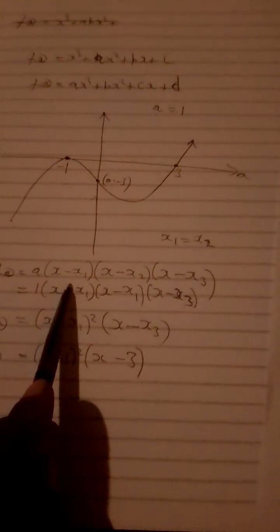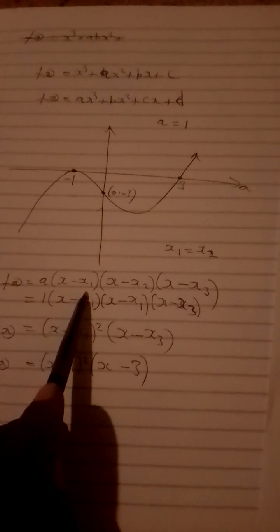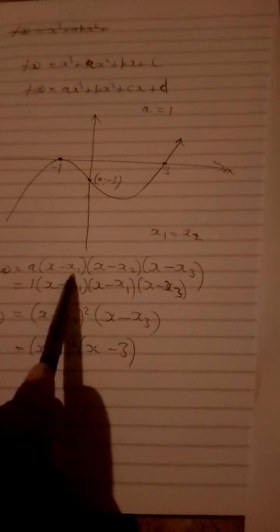Then from the formula, x is negative 1. Here it is negative x1, but the value of x here is negative 1. So it will be positive, because the negative from the formula and the negative from the x value tend to positive. There we go.